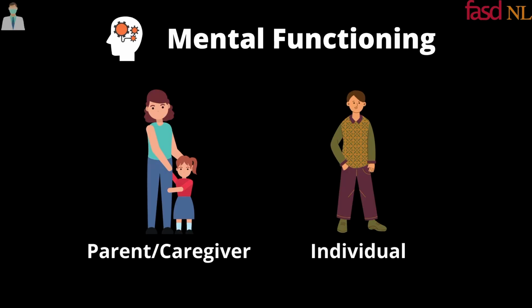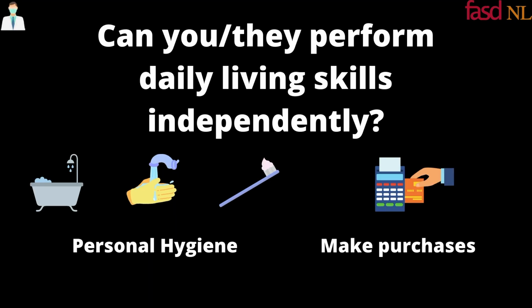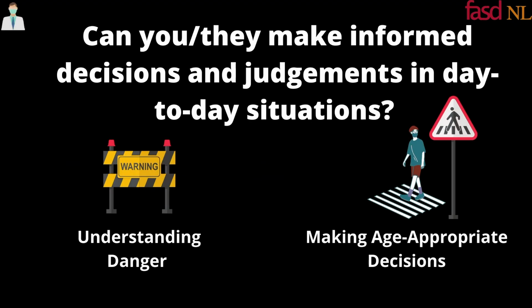If you or your child may qualify under the mental functioning category, there are a few questions you may be asked. Can you perform daily living skills independently, such as personal hygiene or making simple purchases like groceries? Can you make informed decisions and judgments in day-to-day situations, like understanding danger, finding solutions to minor problems, and making age-appropriate judgments?